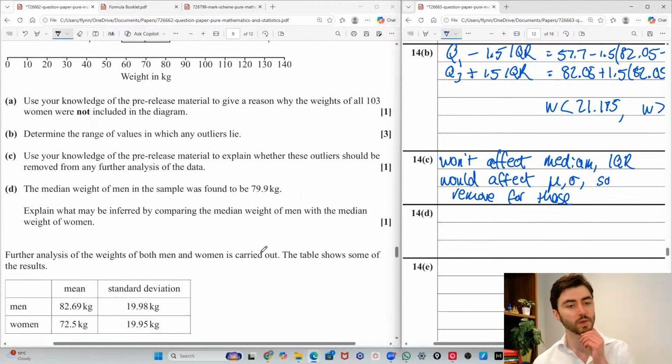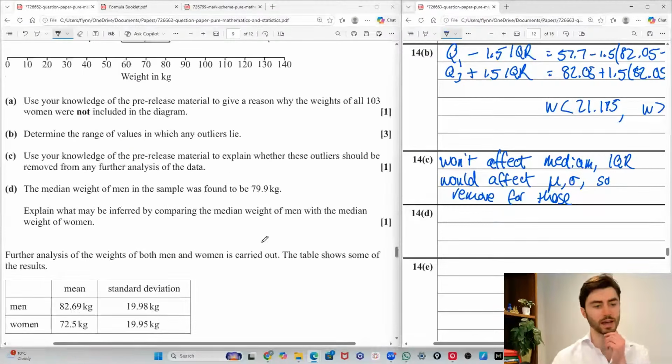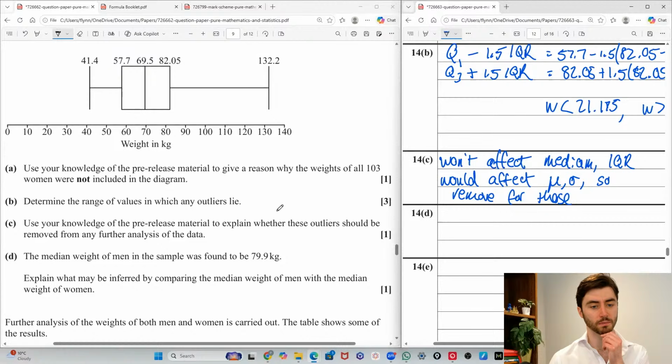And D, the median weight was found to be that. Explain what may be inferred by comparing the median weight. So when you're comparing data sets, there's the measure of the average and there's a measure of the spread. When you're dealing with median and interquartile range, by comparing the medians you're comparing the average, and by comparing the IQR, you're comparing the spread of them.